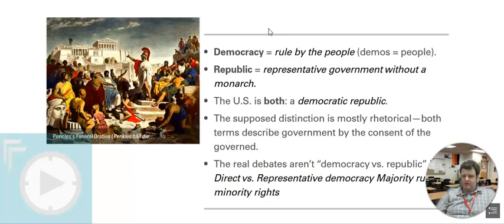To make this more confusing, democracy and republic are often words used interchangeably back as far as like the Founding Fathers' time. So when you're reading a lot of documents from the Founding Fathers, they don't separate the difference between republic and democracy. They do have different definitions, as we saw, but it's just not as important unless you're getting into the philosophical debates over it.